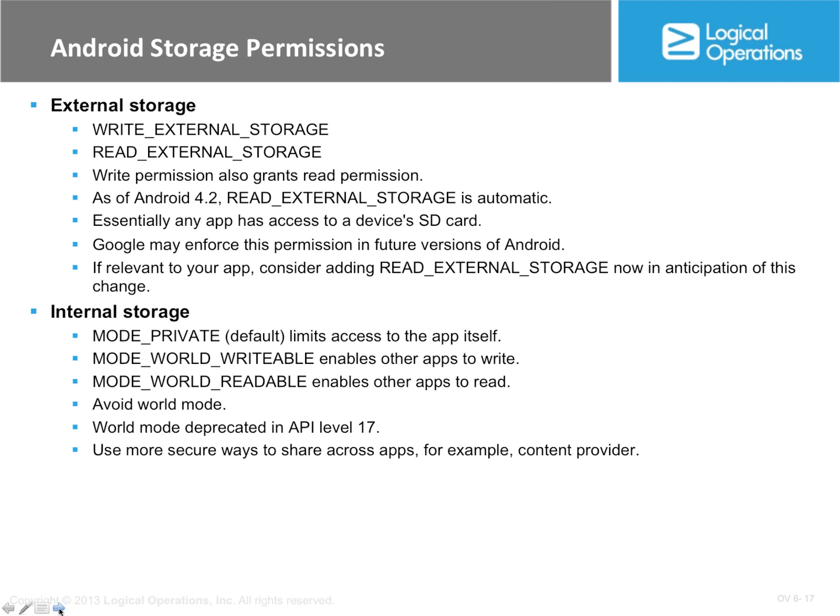That is a good piece of testable information, discerning at what point it changed. In all versions prior, you had to invoke the read external storage permission. At 4.2, it became automatic.